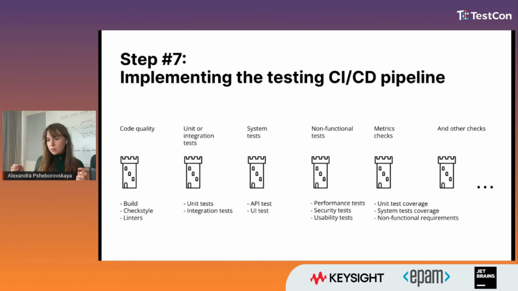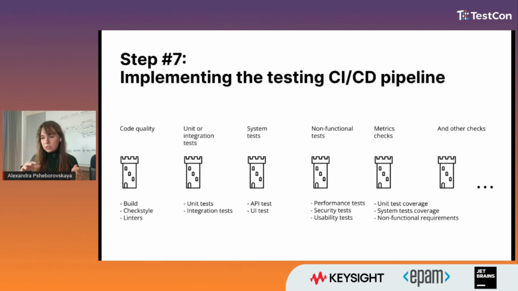This means the first check should evaluate the basic criteria of code quality, and after that check more high-level metrics. For example, if the build of the test code fails, we don't have a reason to start the tests at all, because okay, build fails, no reason.